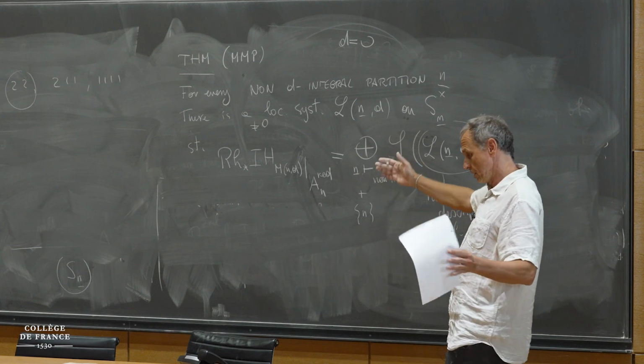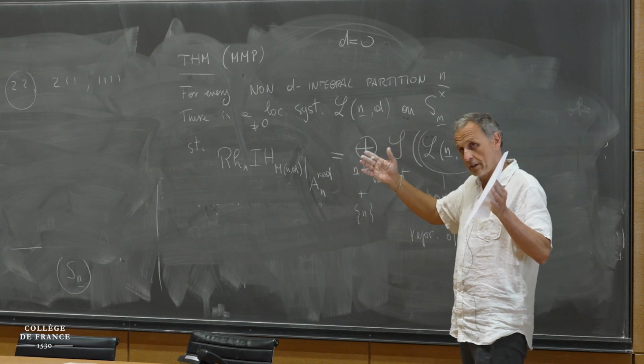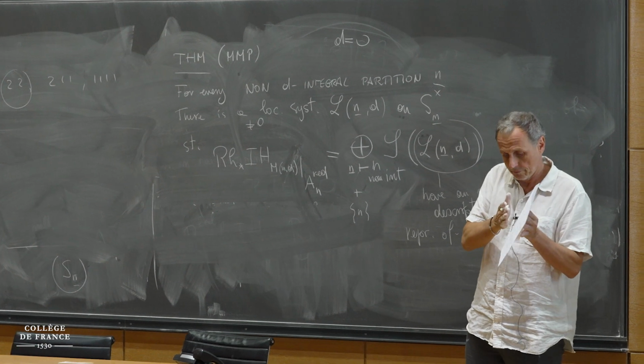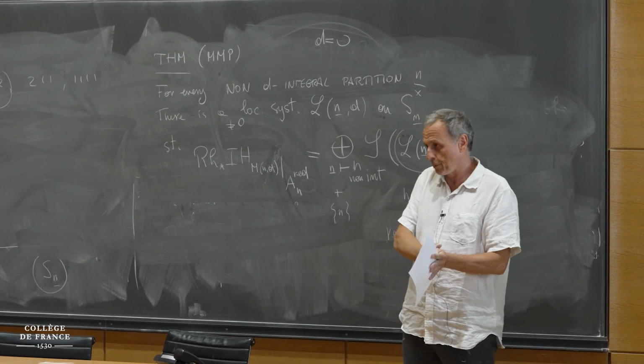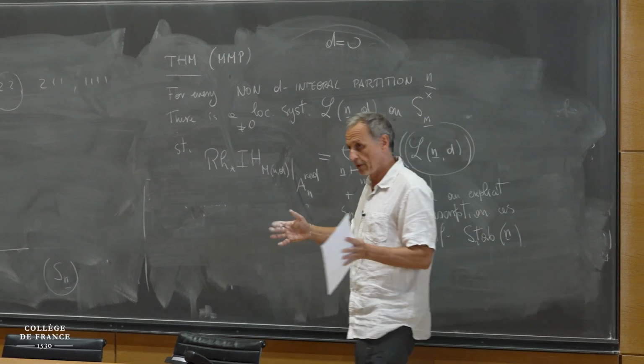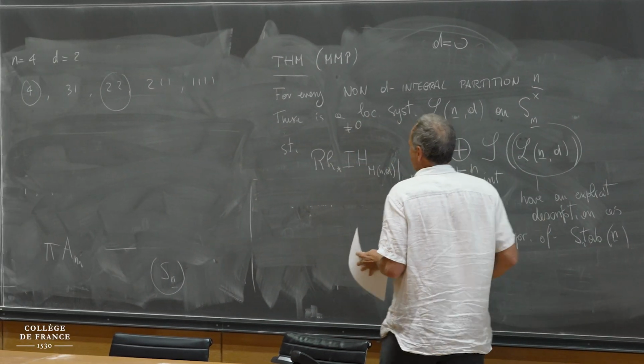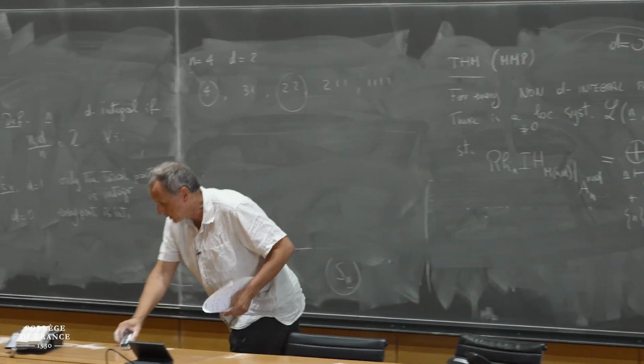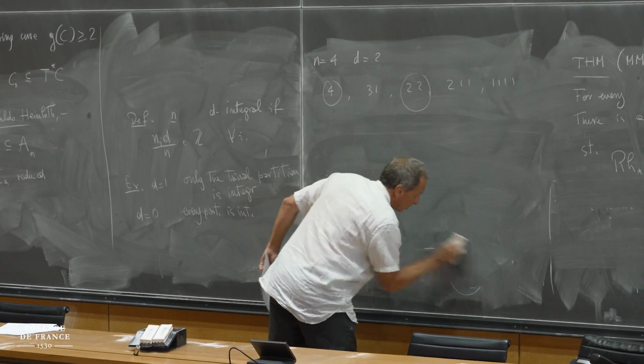So we have two extrema: D equals 0, full support; D coprime, every possible support. And in general, there is intermediate behavior.